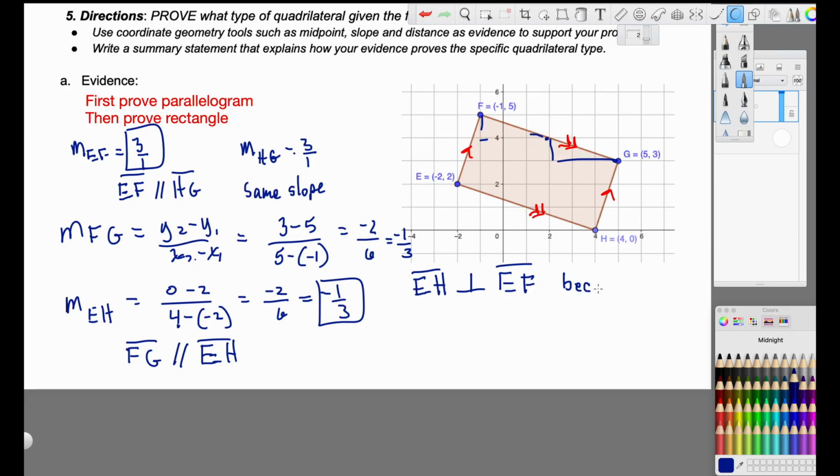Because slopes are negative and reciprocal. Okay, so now we can say E, F, G, H is a rectangle.